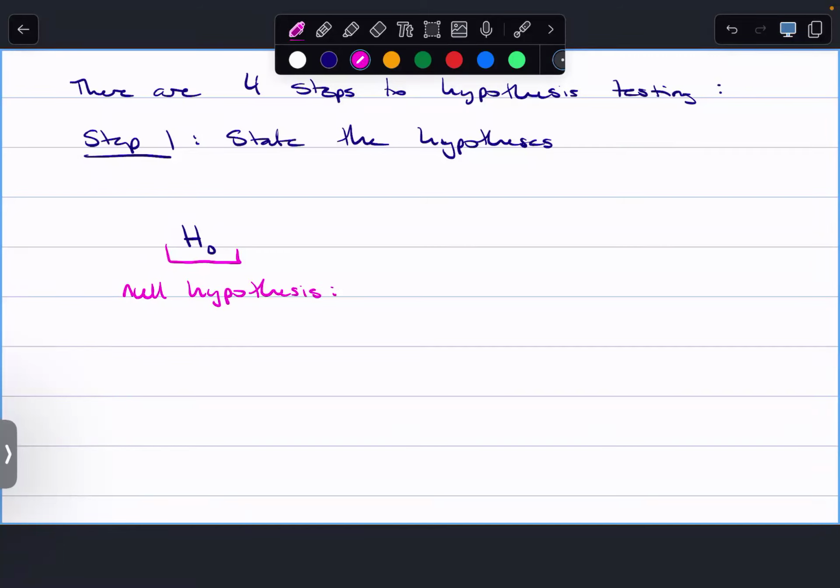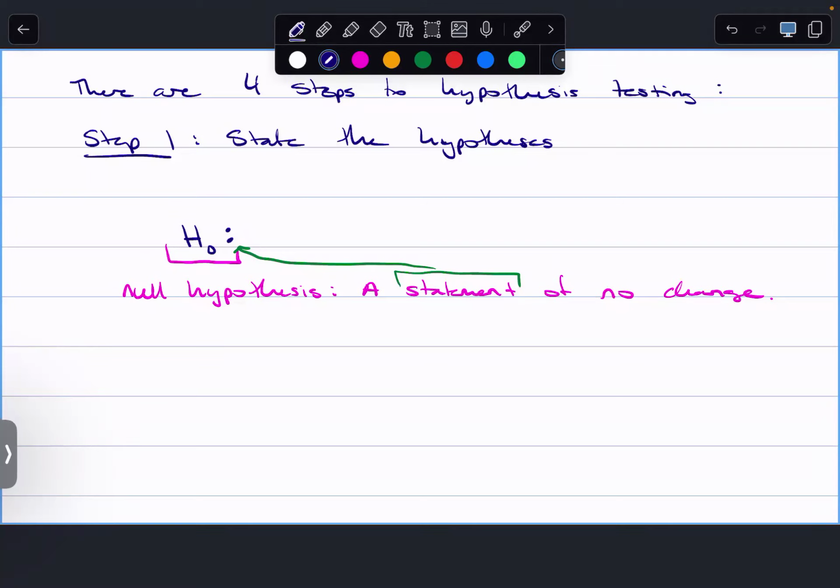This is going to be a statement of no change. Now, because it's a statement, we follow it with a colon. And so here, it's a statement of no change.